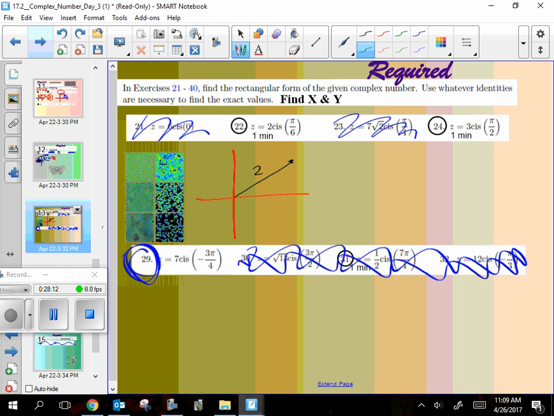No, but I just need x and y now. So I got to figure out how long's that, how long's that. And this is one that I know. And hopefully it'll snap in pretty quickly that that's the 1, 2, 3 triangle. And you'll be able to find x and y pretty easy. All right.